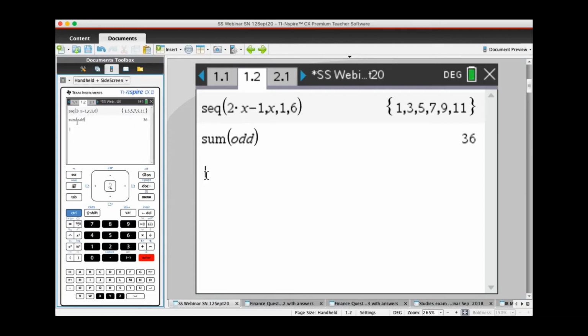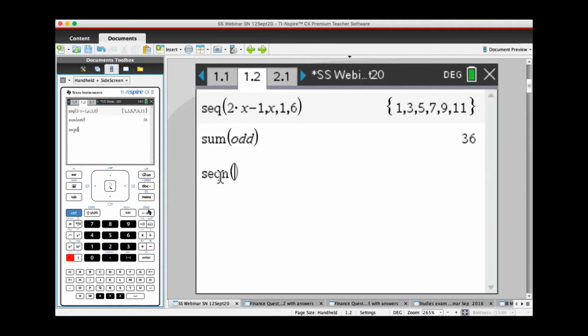What I could also do is show you what the sequence n can do. So I'm going to write the sequence, all right, and the n. Now, this is an abbreviated version where I don't have to use so many different parameters. You know, there's 2x minus 1, there is x, there is 1, there is 6. So this is a shorter version to get a sequence, but this one uses only the variable n.